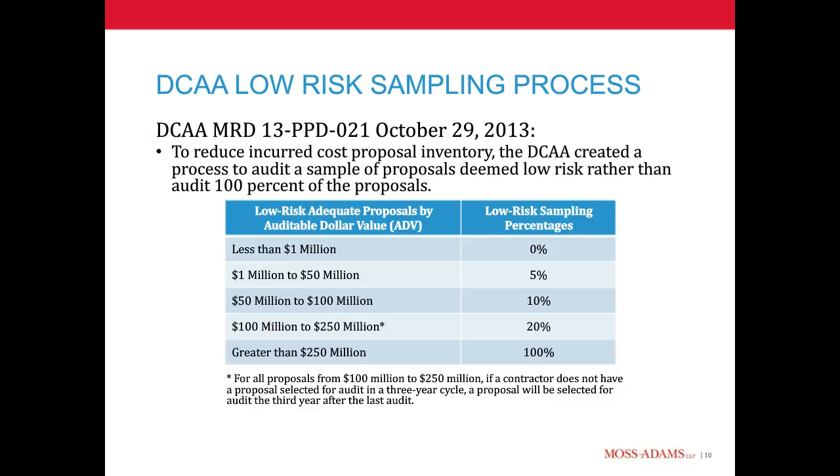And so maybe a contractor might think that's a good thing, that they weren't selected for audit, but it also creates some uncertainty for them, because ultimately the agencies involved have to also cover their risk.